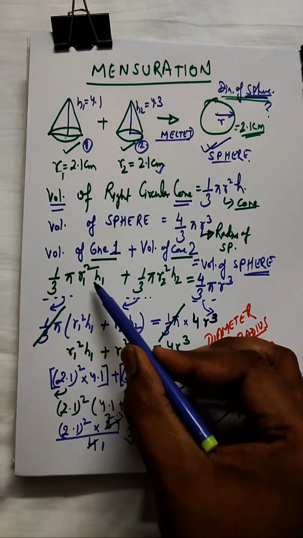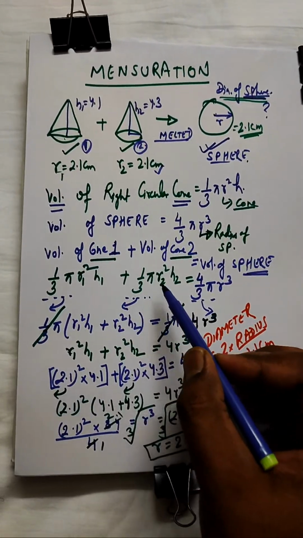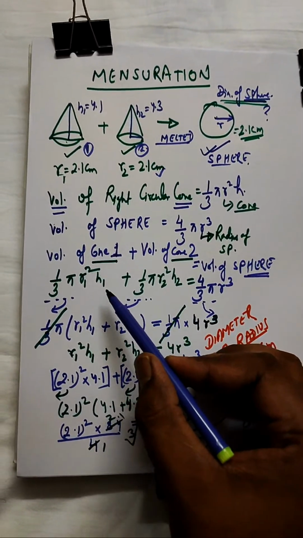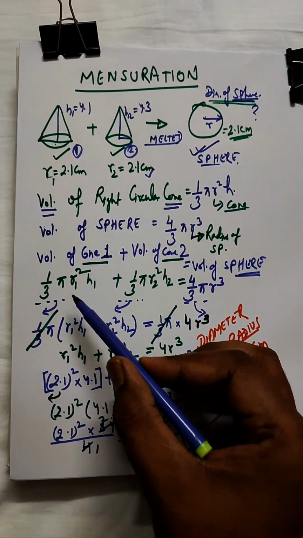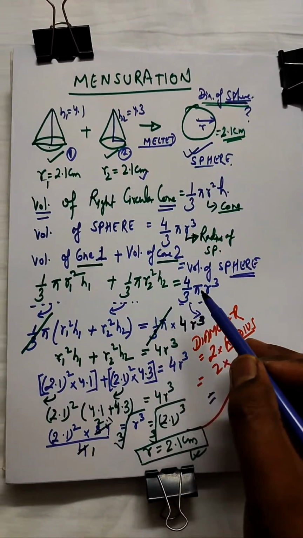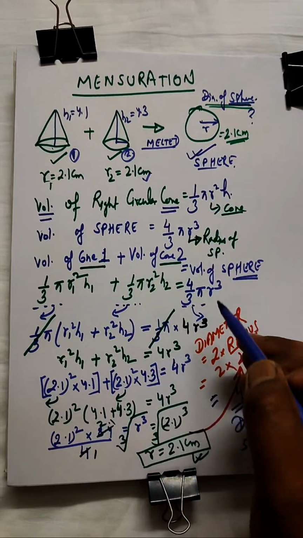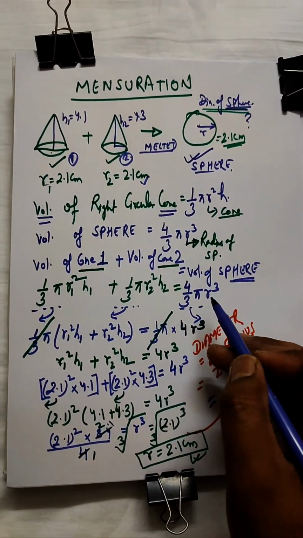that is 1 by 3 pi r1 square h1 plus 1 by 3 pi r2 square h2. Since r1, h1 and r2, h2 are the two different radii and heights, these are the parameters of the two cones, and this will be equal to the volume of that particular sphere, with radius R, on the RHS.